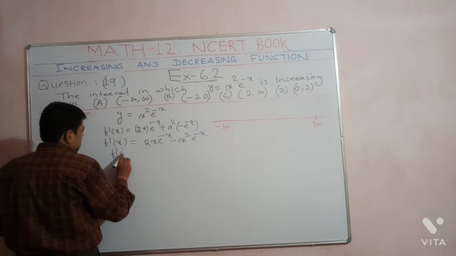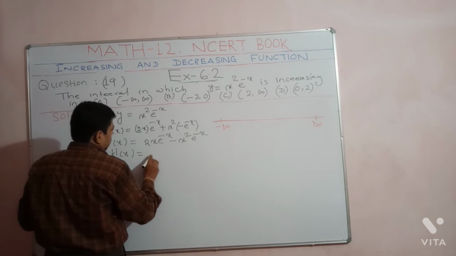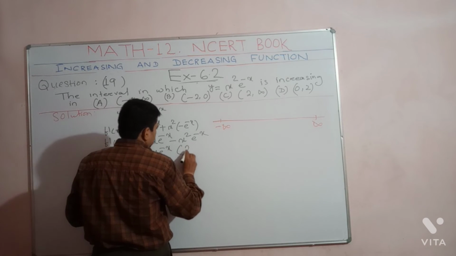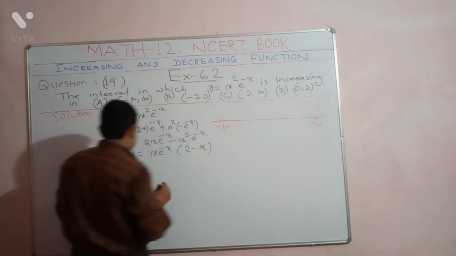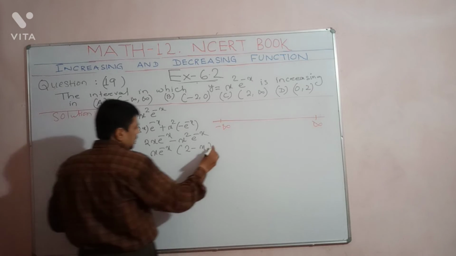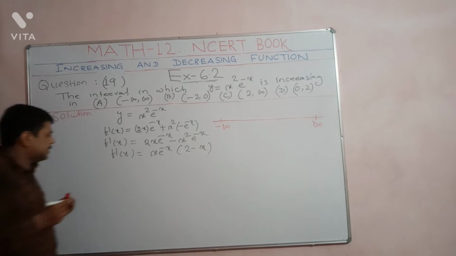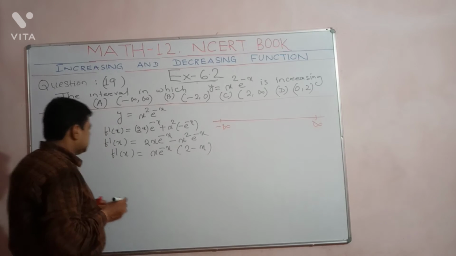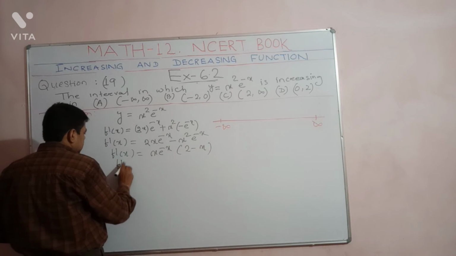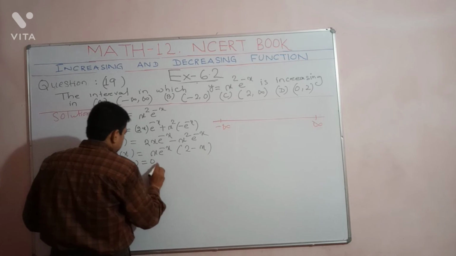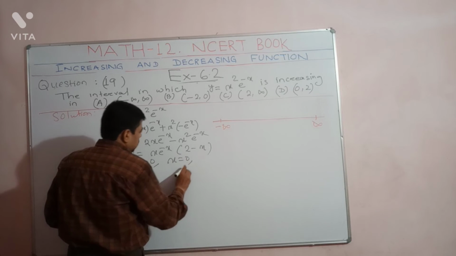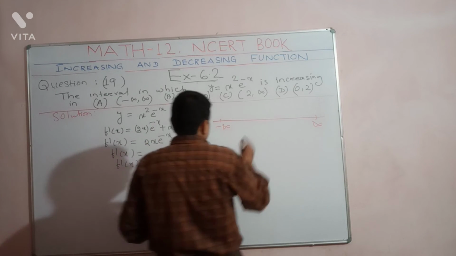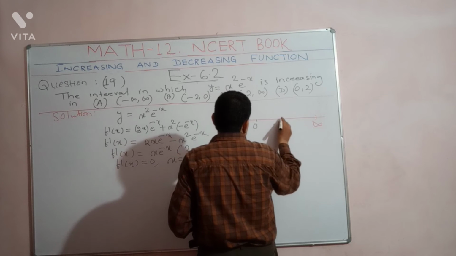Now f'(x) = x e^(-x) (2 - x). This is the derivative of the function f(x). If you equate f'(x) = 0, we get x = 0 and x = 2. You see here we get 0 and here we get 2.